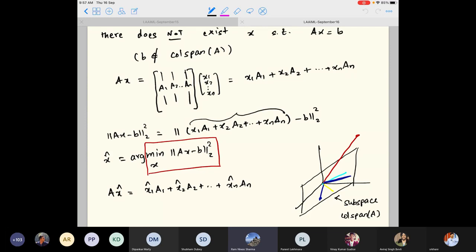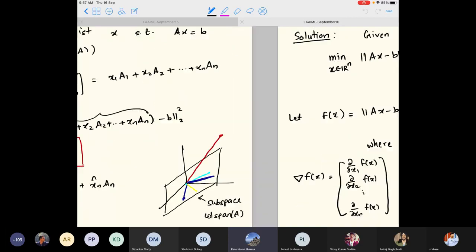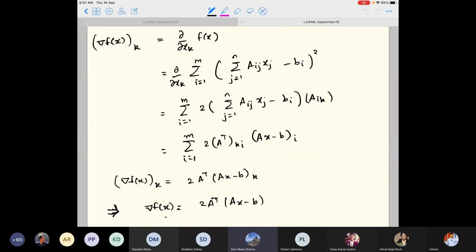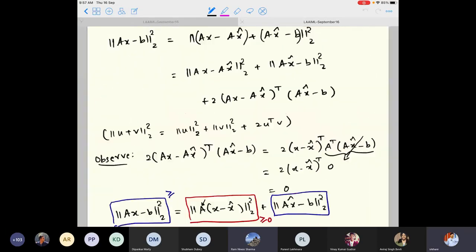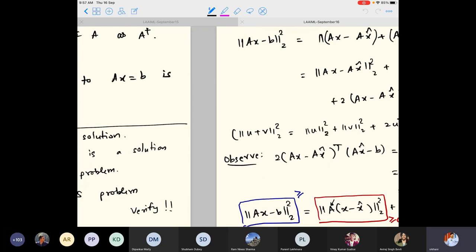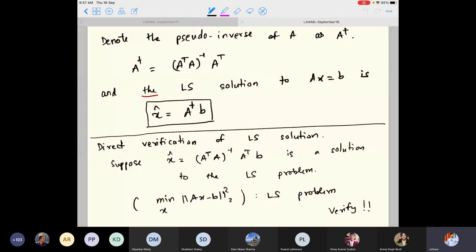Ramnivas, do you want to say something? Yes, sir. How did we make A transpose times Ax hat minus b equal to 0? Direct verification. So A transpose A x hat minus A transpose b will be equal to 0 because that is the normal equations. See, you have assumed that x hat is equal to A transpose A inverse A transpose b.